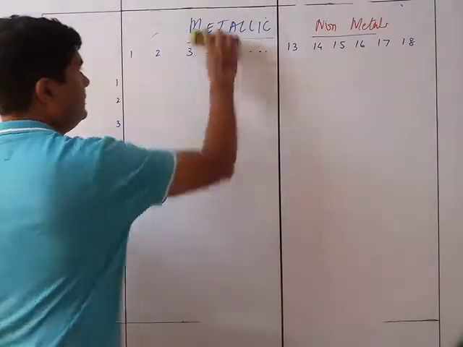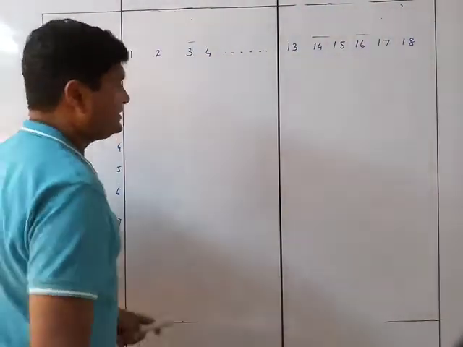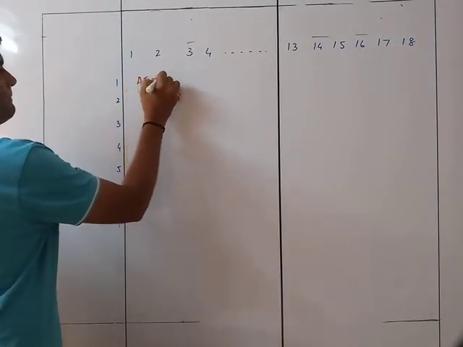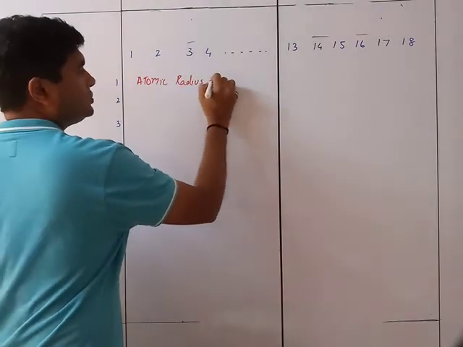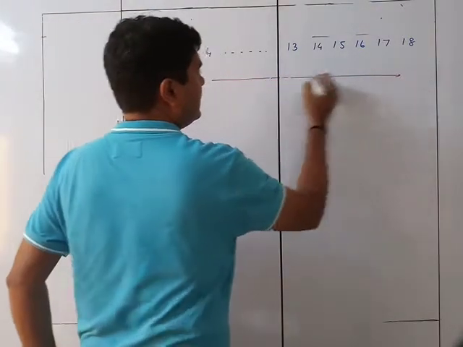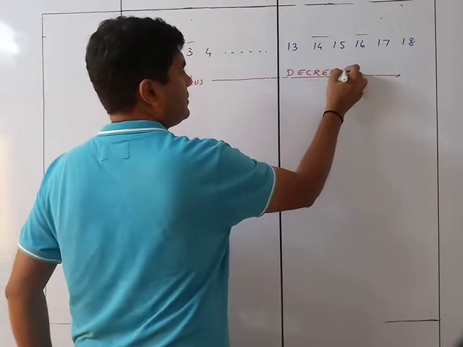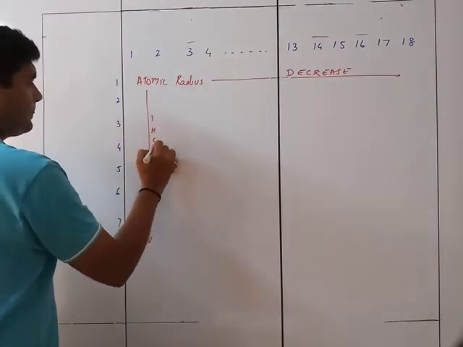Let's take one by one. So we'll say over here atomic radius. This over here decreases, and this over here increases.